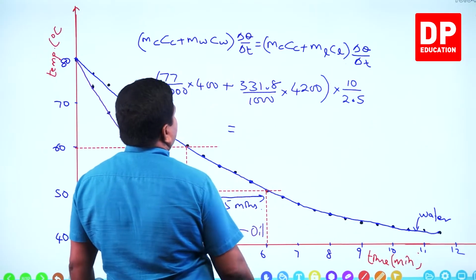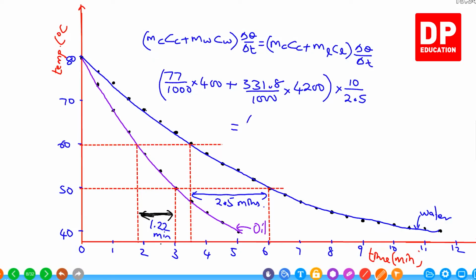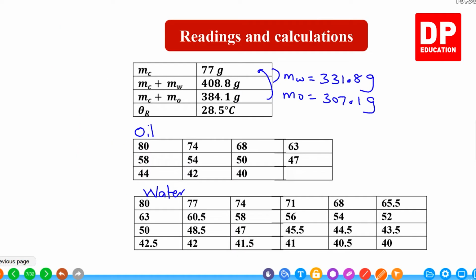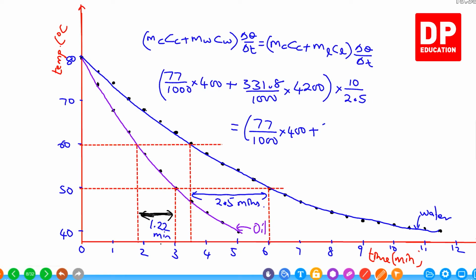Equals, for the other one, MC CC same 77, 400, ML 307.1, ML or MO, whatever, 307.1, CL we don't know, 10 over 1.22 minutes it has taken.